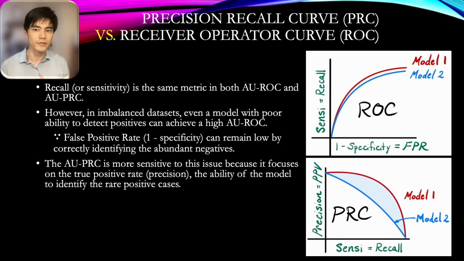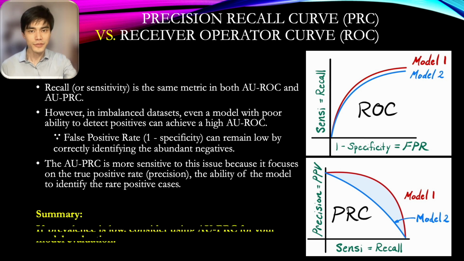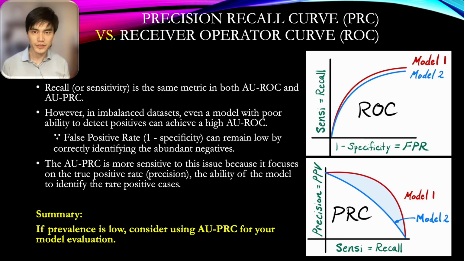Precision recall is more sensitive to these kinds of issues because it focuses on the precision, the ability of the model to identify the rare positive cases. So in summary, if prevalence is low, or if there's a big imbalance between positive cases and negative cases, we should consider using area under the precision recall curve instead of receiver operator curve.